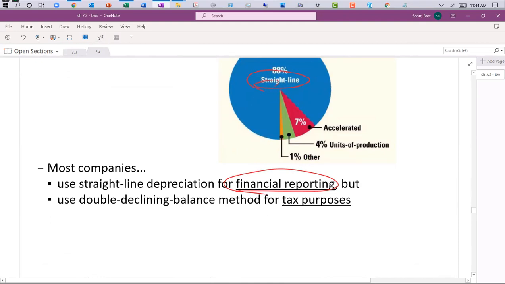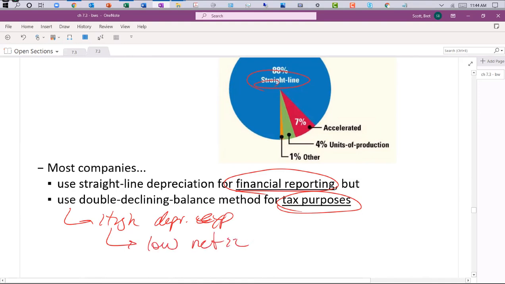Double declining balance can be good for tax purposes, though, because if we take a huge tax charge in the earlier years, that means we have less net income, which means less tax, right? So if we get high depreciation expense, that's going to result in low net income, which means low tax.